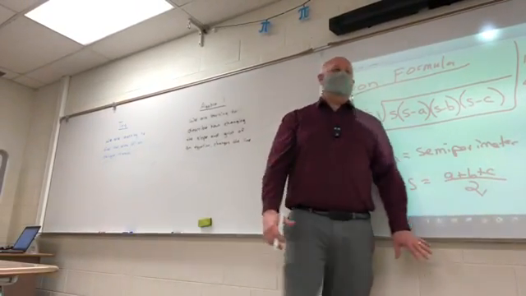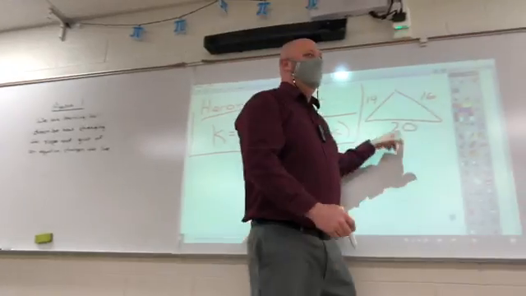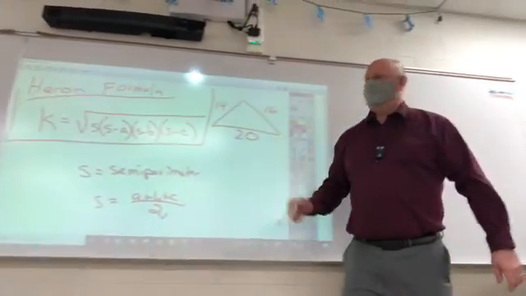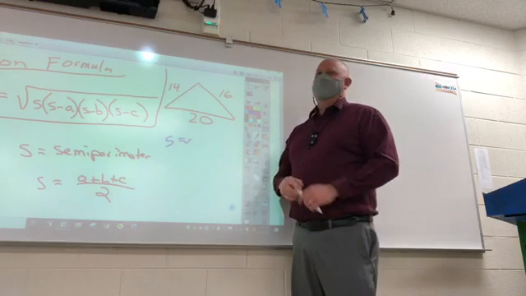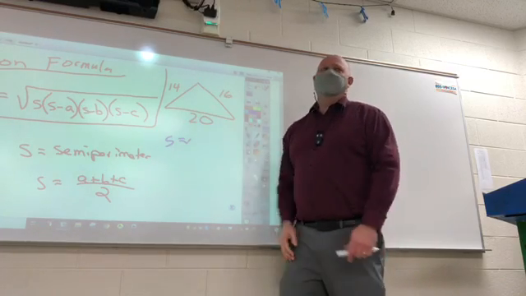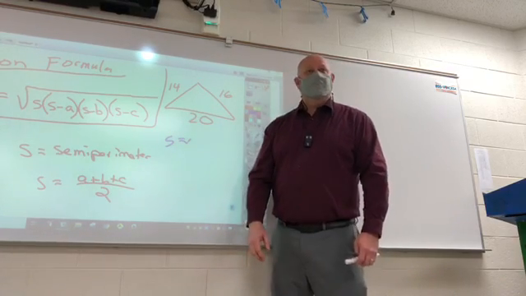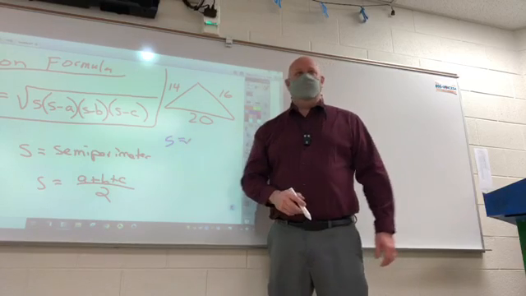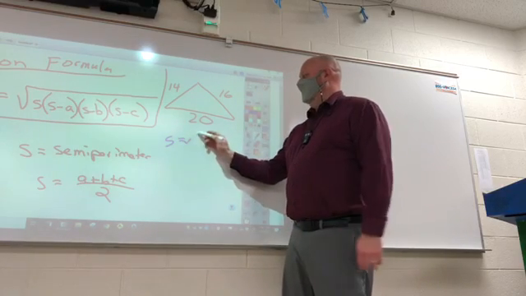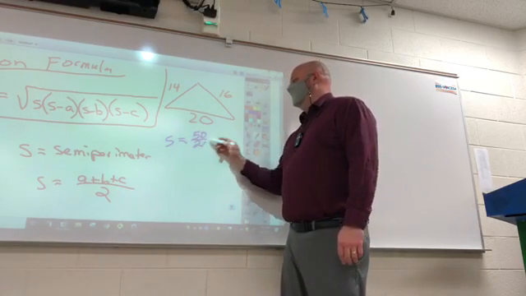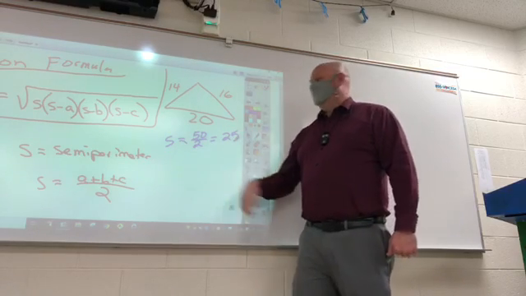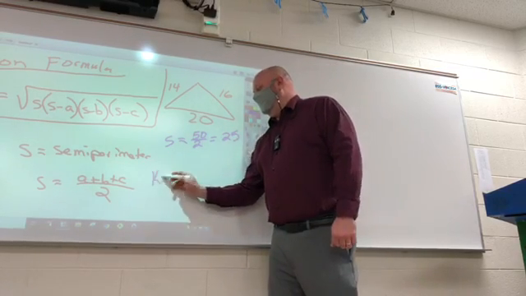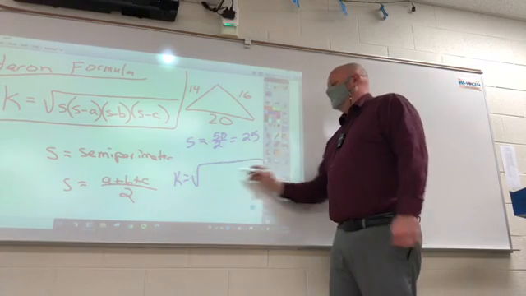So here's how easy this is to find the area of this triangle. Step 1, find S. Well, what's 14 plus 16? 30 plus 20, 50. 50 divided by 2 is 25. So then the area of this triangle will be the square root of 25.